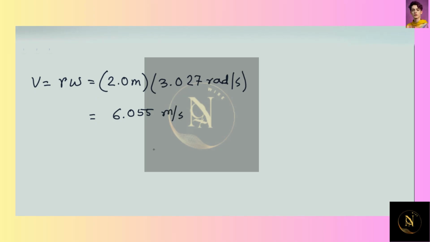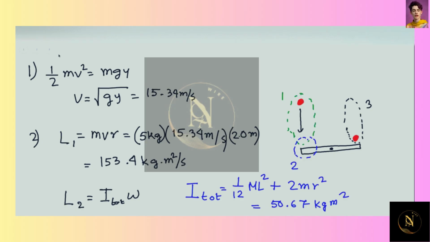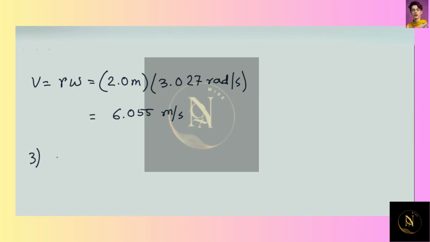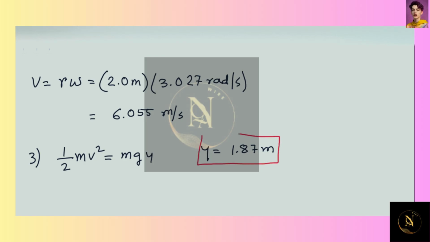And this is moving upwards, so we can now use part 3, where we'll apply conservation of energy again. Initially the ball will have half mv squared as kinetic energy, and if it reaches height h, it will have potential energy mgy, and from there y should be equal to 1.87 meters. So that's the height that the second ball will reach after the collision.